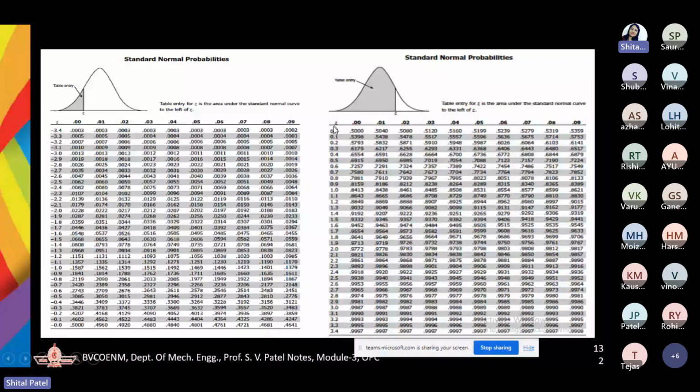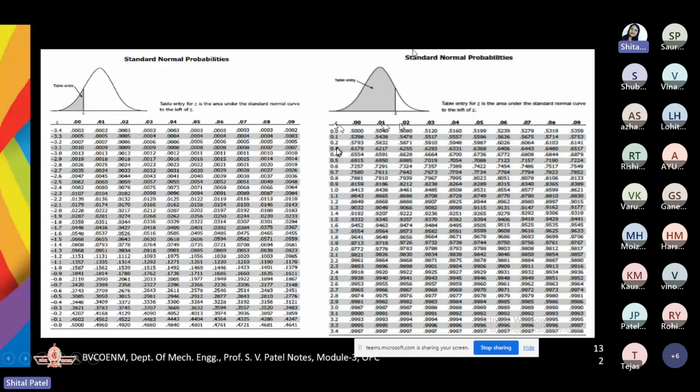Okay, so Z is equal to what value did you get? 0.35, right? So now where is 0.3 for Z? It is here. 0.3 over here. Can you see the arrow cursor? Yes, ma'am. Okay, now move towards the right hand side, because on the right hand side you have 0.00, 0.01, 0.02, 0.03, 0.04, 0.05.